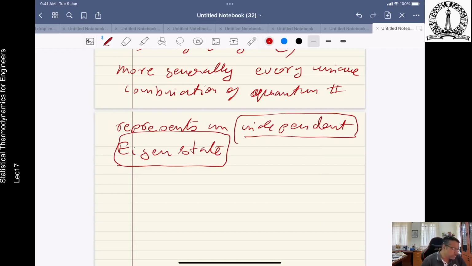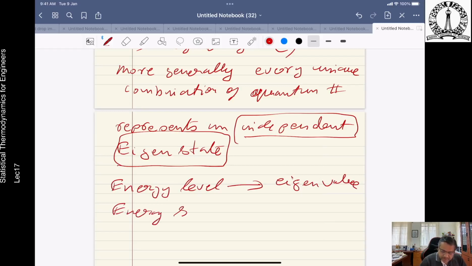Each unique combination, like 2 1 1, 1 2 1, these are unique combinations. From this perspective, we can say that an energy level is like an eigenvalue, whereas an energy state, which is like the microstate, is the eigenstate.